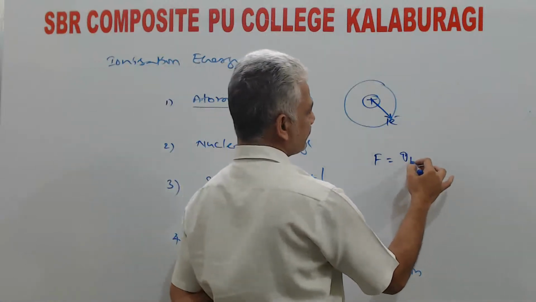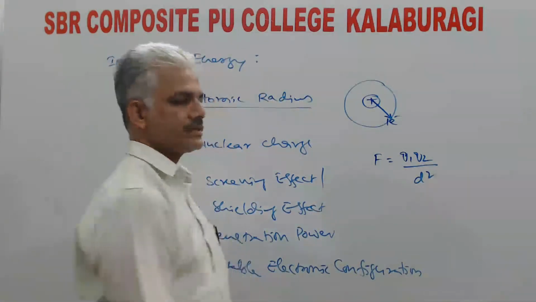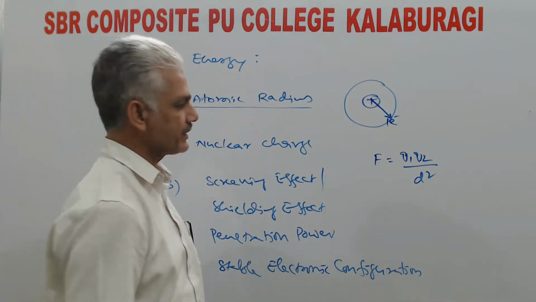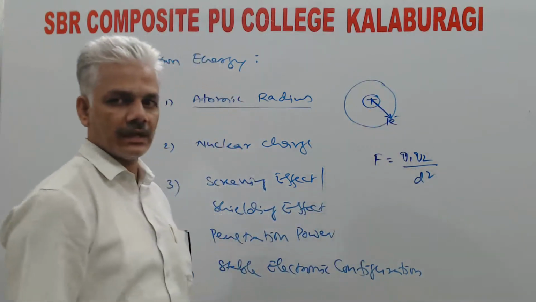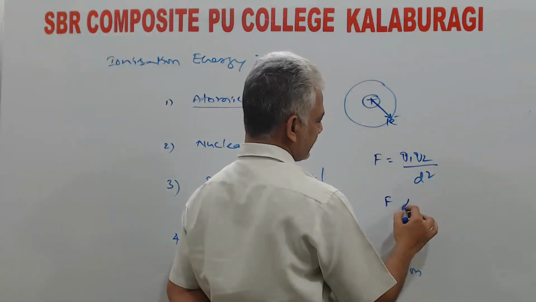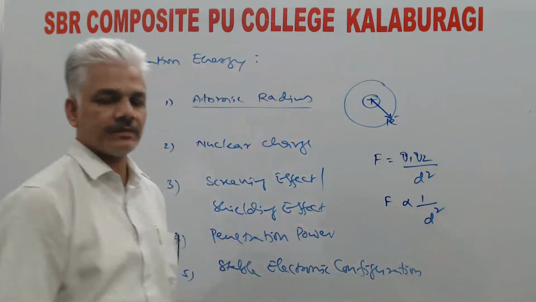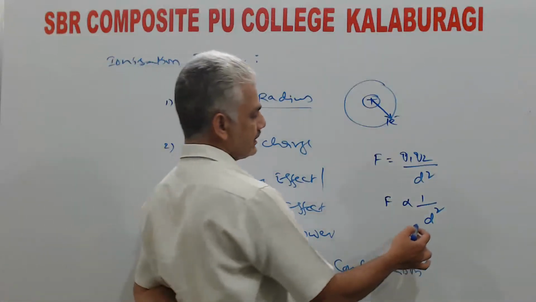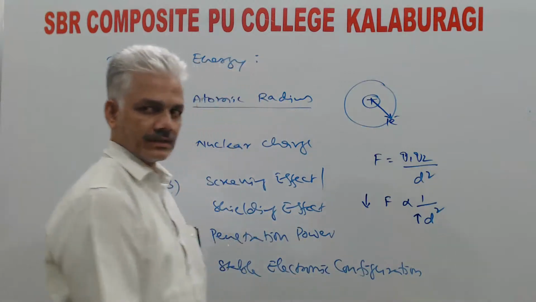F is equal to Q1 Q2 by D square, where Q1 represents charge of the nucleus, Q2 represents charge on the electron, D represents distance between the nucleus and electron. So, here the force of attraction is inversely proportional to the square of the distance between nucleus and the electron. With increasing D value, force of attraction proportionately decreases.